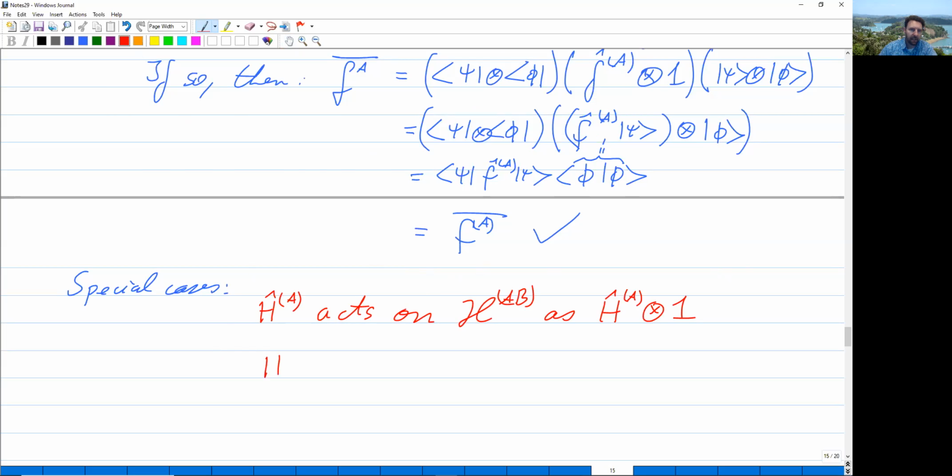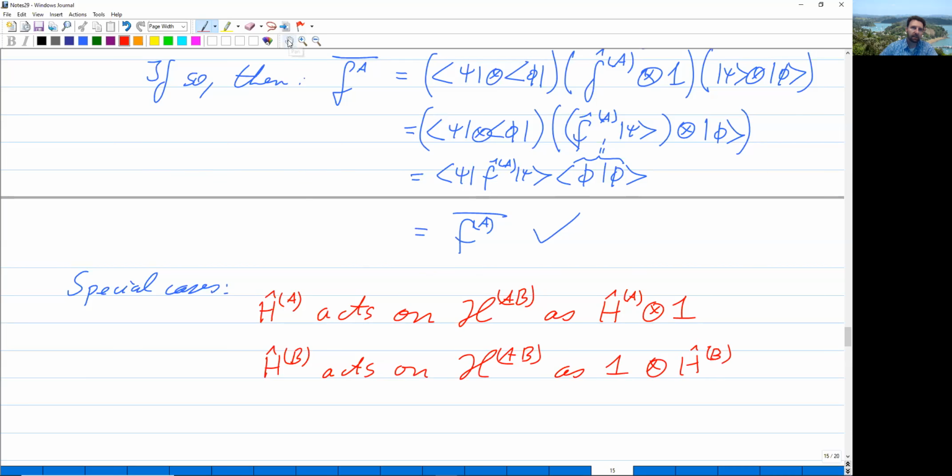And the Hamiltonian of our subsystem B acts on the big Hilbert space as identity tensor H hat B.